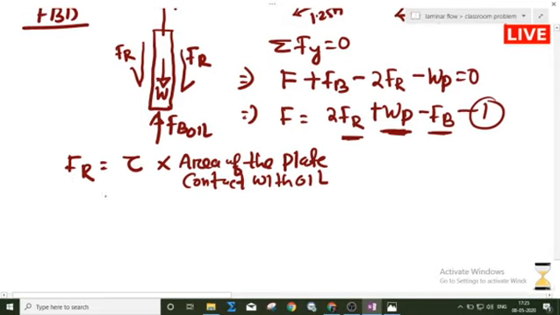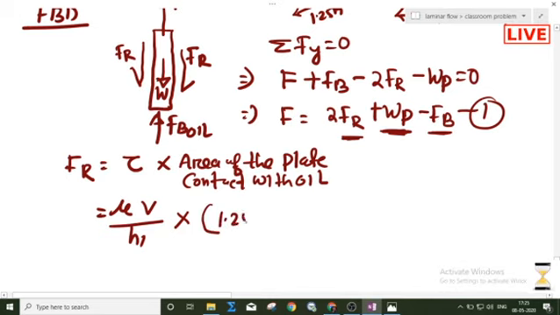What is the shear stress? Shear stress will be mu into V by H1. I am assuming there is a linear distribution of velocity. It is not mentioned, so I have to assume a linear velocity profile. So what is the area of the plate? This is 1.25 into 1.25.